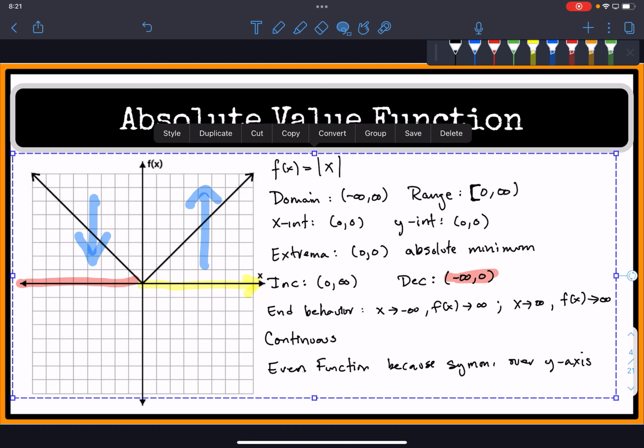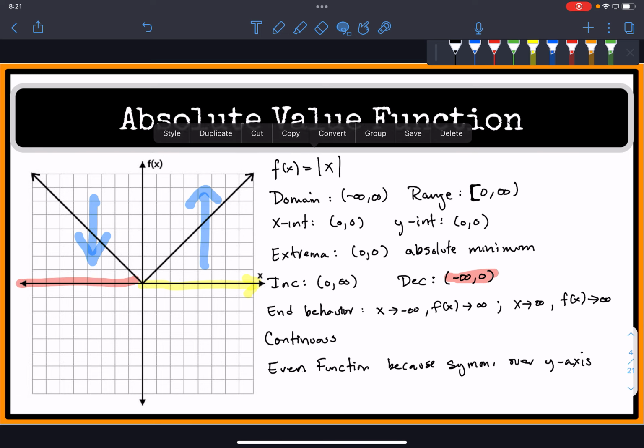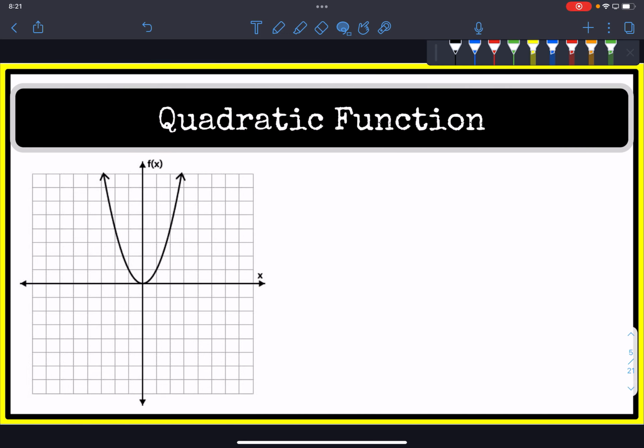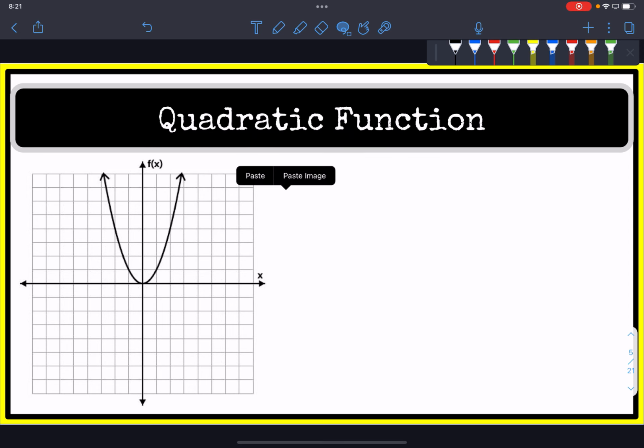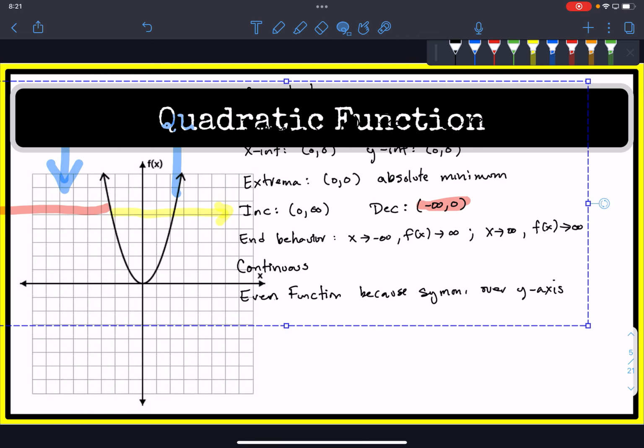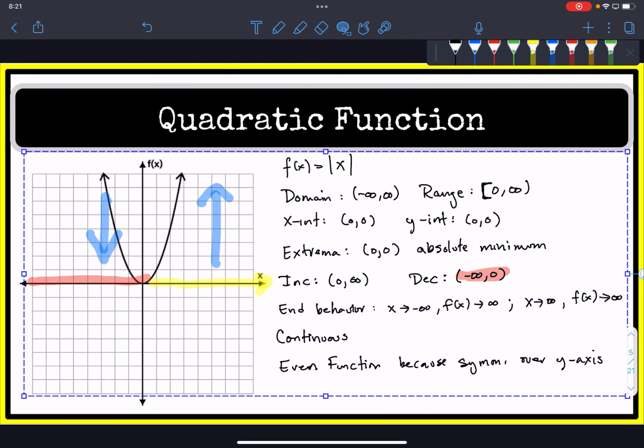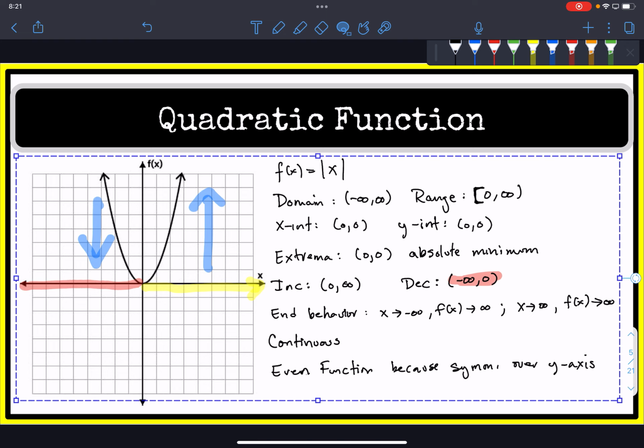Now I'm going to copy this down because the next function, which is the quadratic function, has the exact same characteristics.